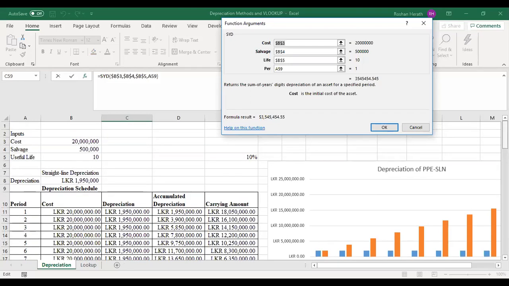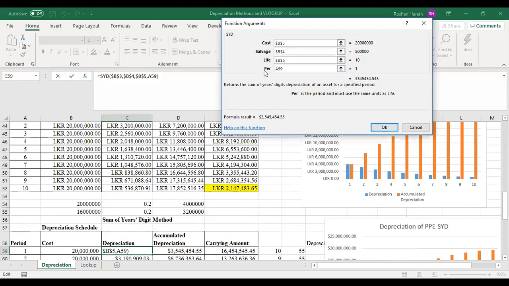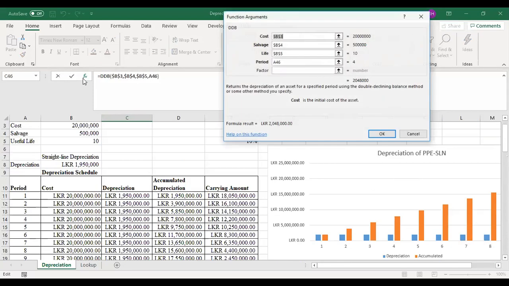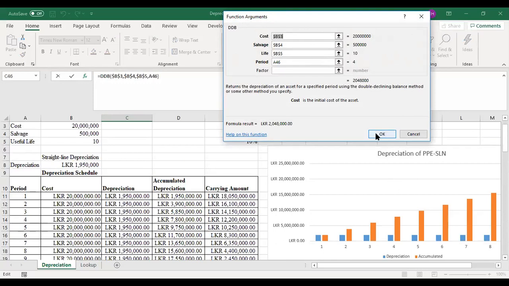As usual, you can see that the syntax starts with the SYD function. The cost information is there, salvage is there, life is there, everything as you learned. Here, the period is indicated by PER. I believe it was a little different from the previous case, where they referred to the full term period.